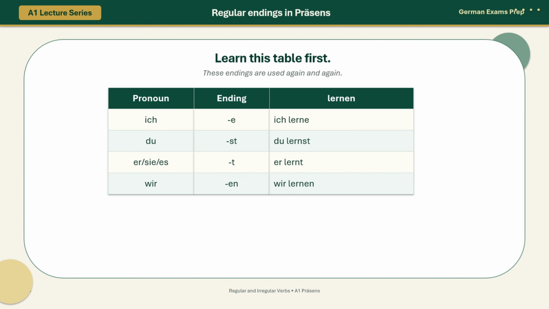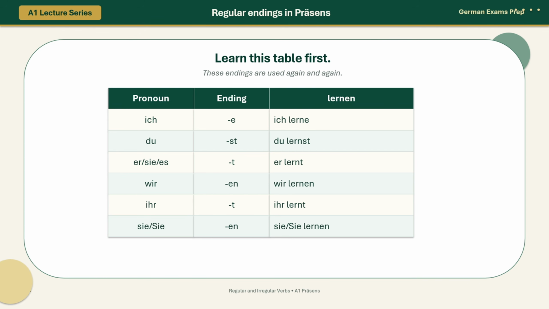For wir, we add en, wir lernen. For ihr, we add t, ihr lernt. For sie and formal Sie, we add en, sie lernen und Sie lernen.